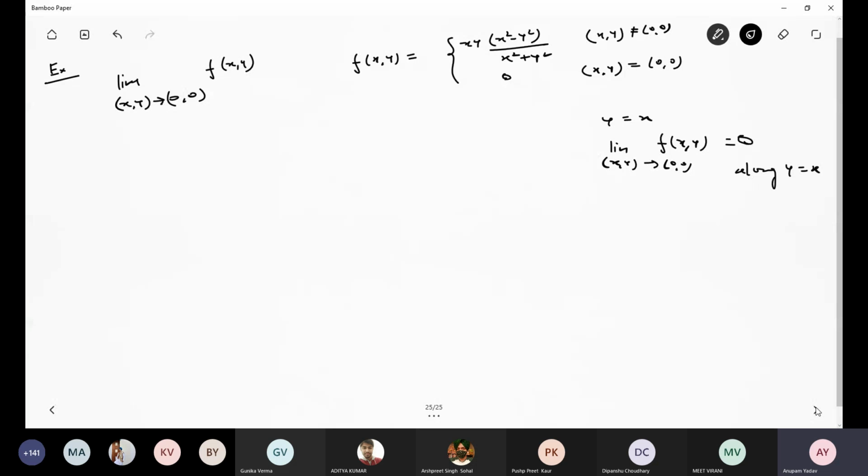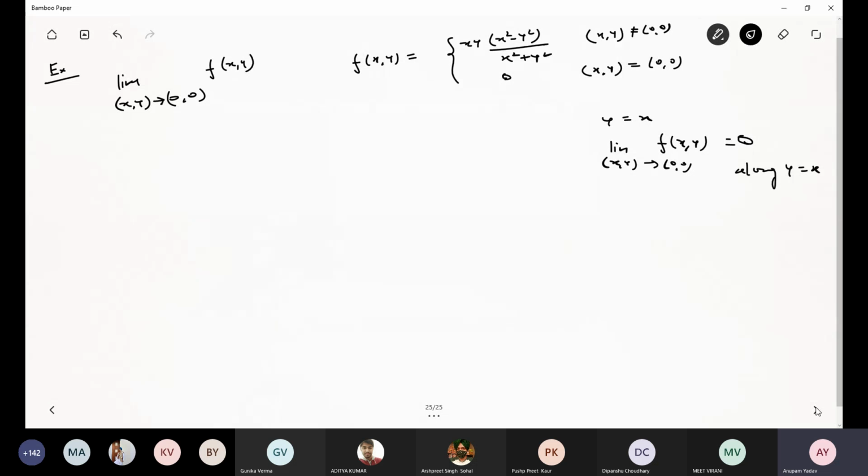But if you tried a few paths and still you are getting the same limit, then that is again only a guess. You can verify say 100 paths and get the same limit. It will not guarantee that the limit is that particular value.